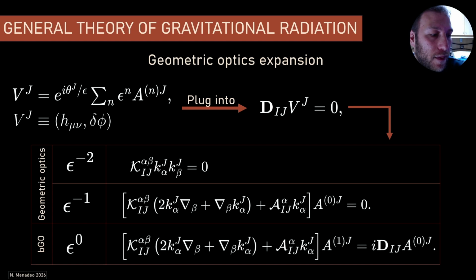Here we have the epsilon 0 term contribution that encodes the first correction to geometric optics. We can see that such corrections are sourced by the geometric optics amplitudes on the right-hand side of the last equation, and the aim of this talk is just to discuss a way to properly find a solution for the epsilon 0 contribution.